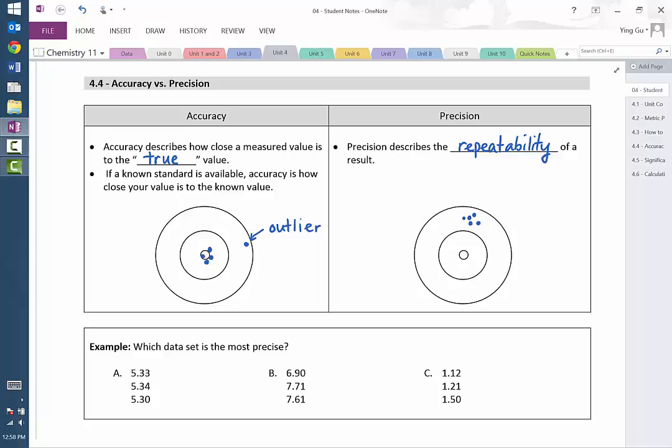Okay? So accuracy describes how close you are to the real value, in this example, the bullseye, and precision describes how close each of your trials are to each other. And in science, we want to be both accurate and precise in anything that we do.